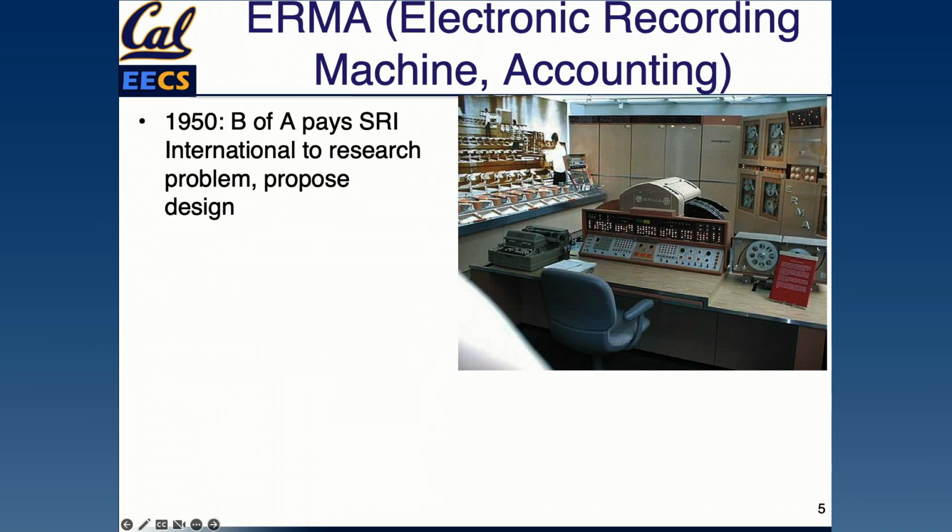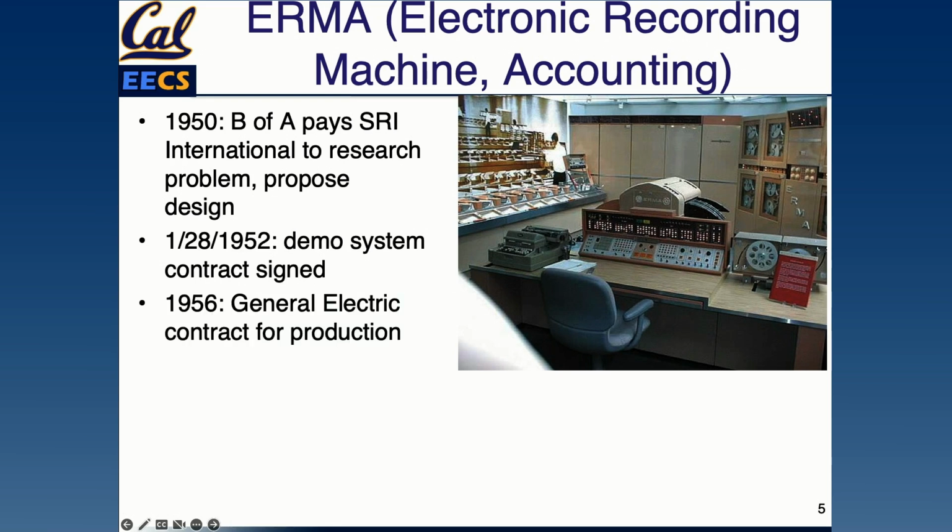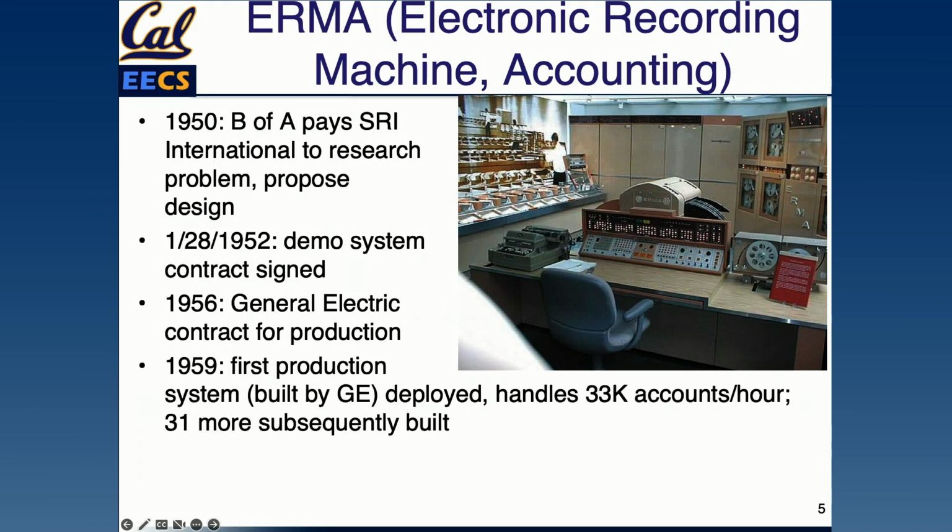So they paid SRI, the Stanford Research Institute in Menlo Park, sort of arm's length affiliated with Stanford University, a research think tank. And in 1952, they signed a contract to build a demo system. The demo system was successful, and General Electric agreed to actually build some production systems, the first of which went into operation on September 14th, 1959. So today is actually the anniversary of that day.